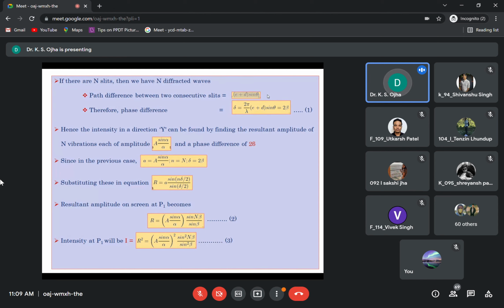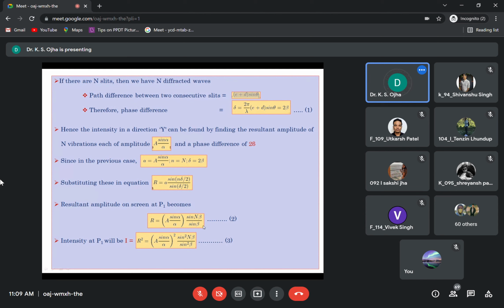Now we have n diffracted waves of amplitude a sine alpha by alpha having a phase difference of delta, which means 2 beta. These n diffracted waves will superimpose on each other. In that case, the resultant amplitude at point P1 will be R equals a sine alpha by alpha times sine n beta by sine beta.